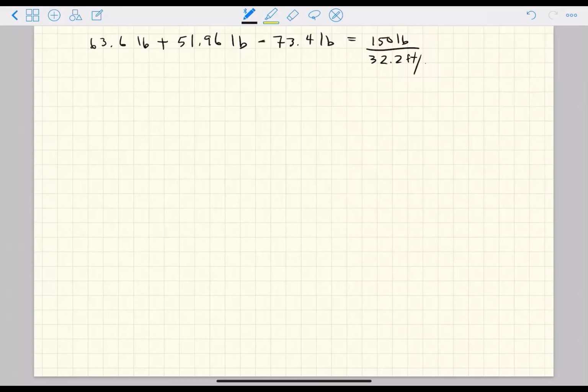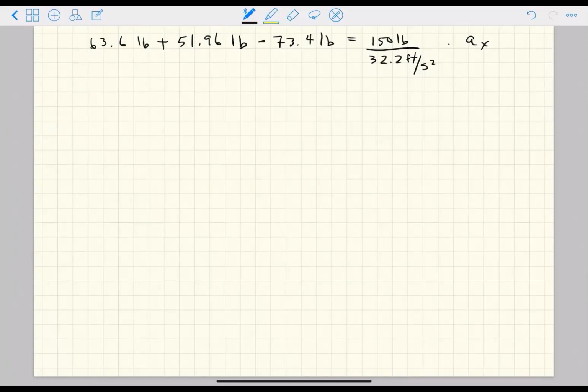32.2 feet per second squared. And we're multiplying that by ax. So what can we do? We take the left-hand side, we add all those up, and then we divide through by that mass term, sorry, 150 pounds divided by 32.2 feet per second squared.